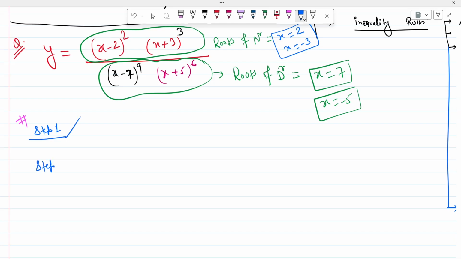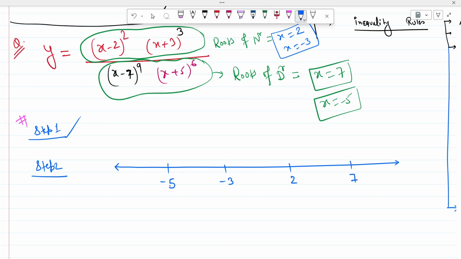Step 2, draw the number line and mark all these critical points. The most negative is minus 5, then minus 3, then 2, and then 7. Due to these four marked points, your number line gets divided into 5 segments. We will find the sign of any one of the segments, especially the segment in which the origin, 0, will lie.